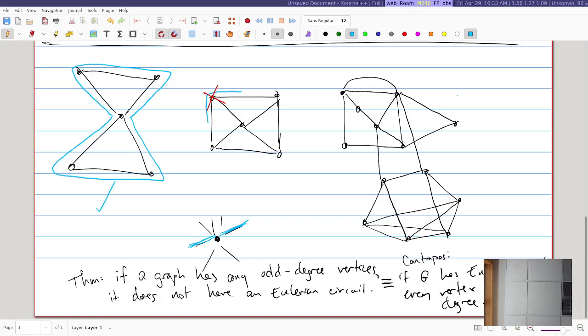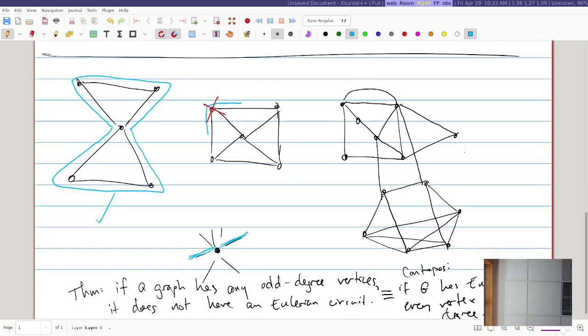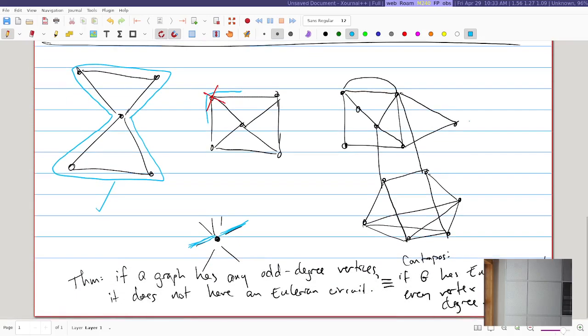And all the graphs we've tried so far that had only even degrees, like this one on the left, did have an Eulerian circuit. But we don't have any particular reason to know. We might suspect perhaps, but we don't know that every graph with all even vertices has an Eulerian circuit.